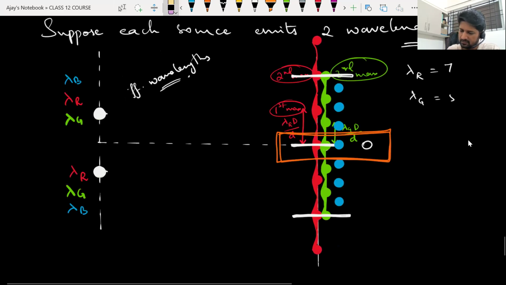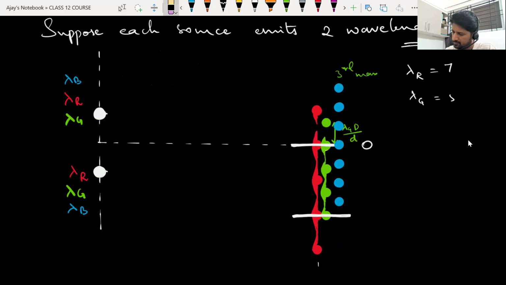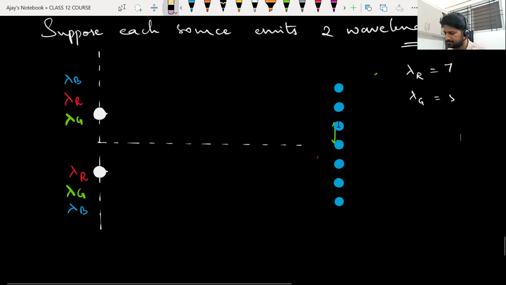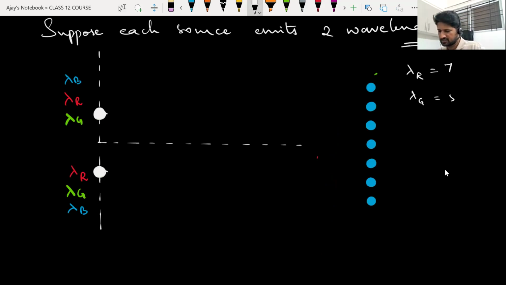Let me erase all this. Suppose the screen is here.